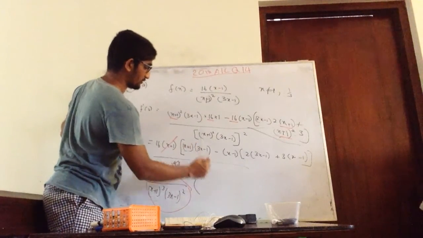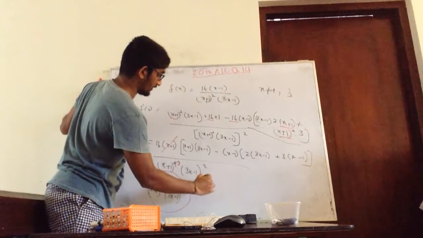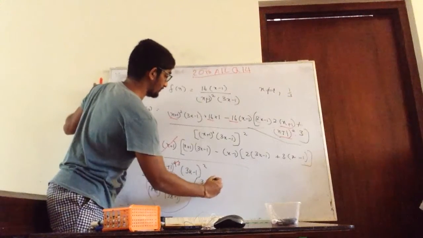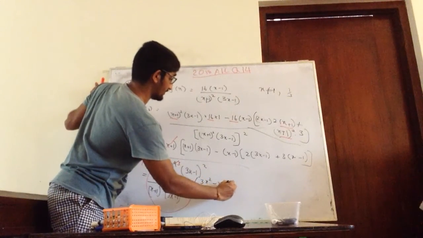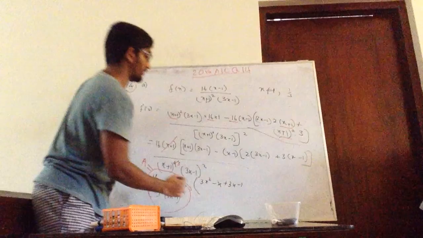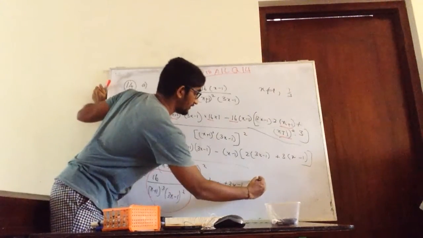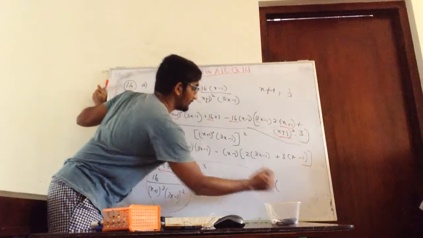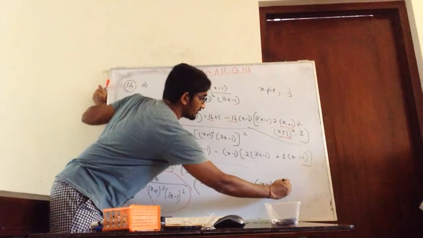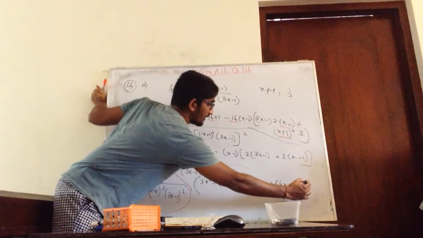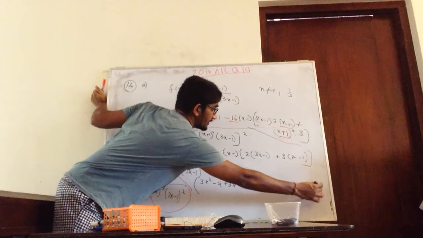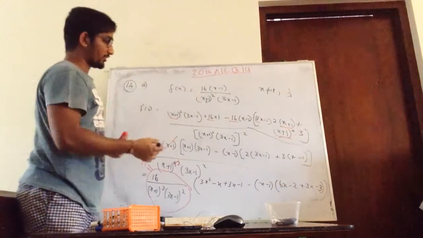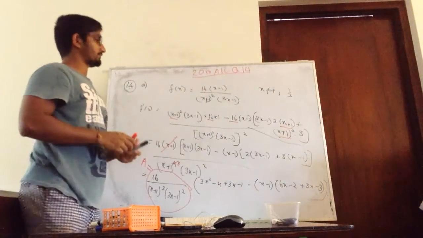That is, 3x² minus x plus 3x minus 1, minus (x − 1), you will get here 6x − 2 plus 3x − 3. So now you need to simplify this and get the answer.